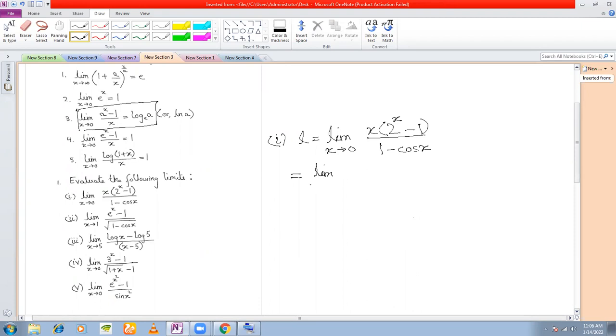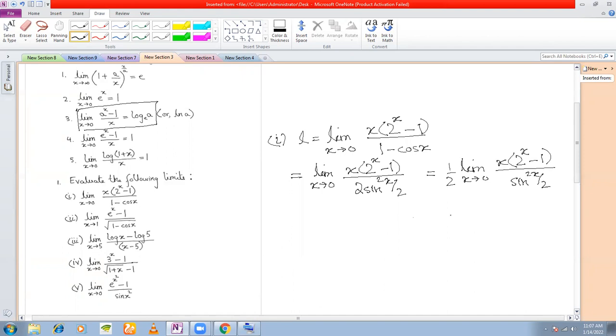First of all, what we do here is that 1 minus cos x, we write this as 2 sine square x by 2 from some multiple angle formula, right? Now what we can do is this 1 by 2 you can take out of the limit, half, and write this as limit x tends to 0, x into 2 to the power of x minus 1 by sine square x by 2.